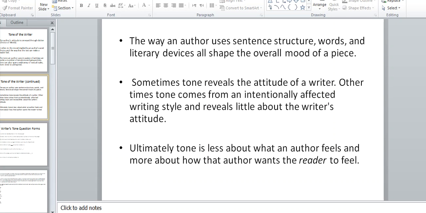It's just throwing information to the reader without having any feeling, detached from human feelings. Ultimately, tone is less about what an author feels and more about how that author wants the reader to feel. And that's of course by using certain phrases and words as well as sentence structures.